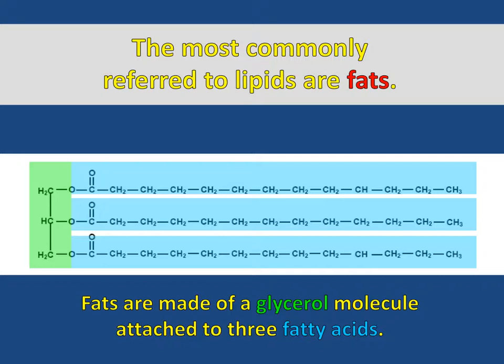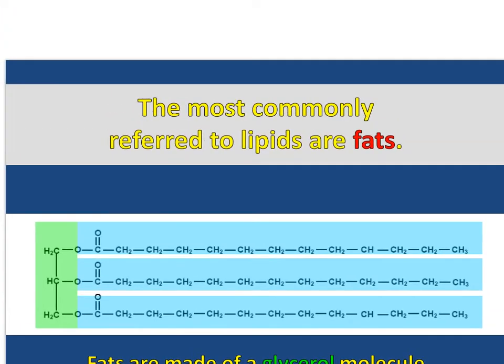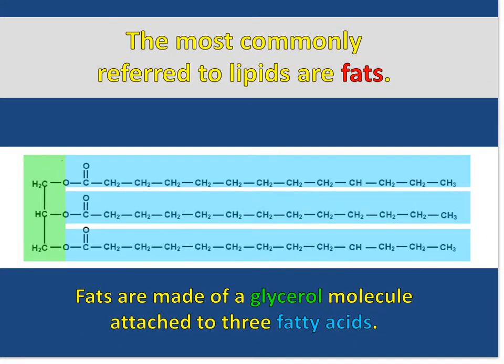So remember, lipids don't follow that monomer-polymer structure. Lipids are not polymers. They are not made of repeating chains, repeating units, repeating structures. They are just made out of 2 parts. In the green here, you have your glycerol.